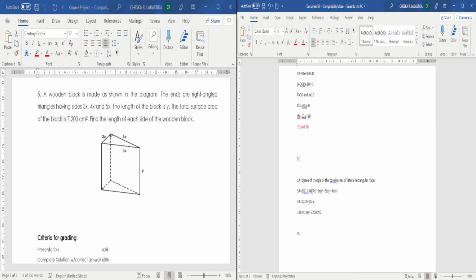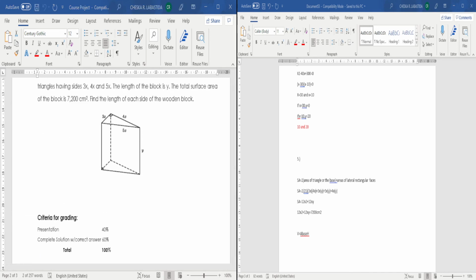So the volume is given by V equals area of the base times height. So V is equal to 1/2 times 3x times 4x times y.